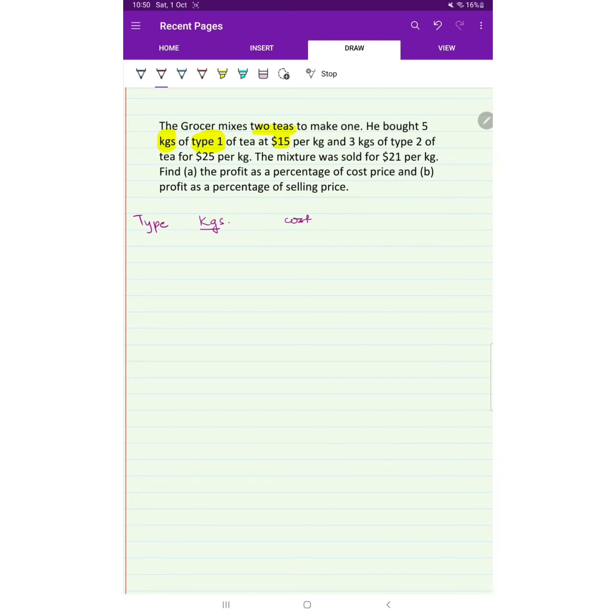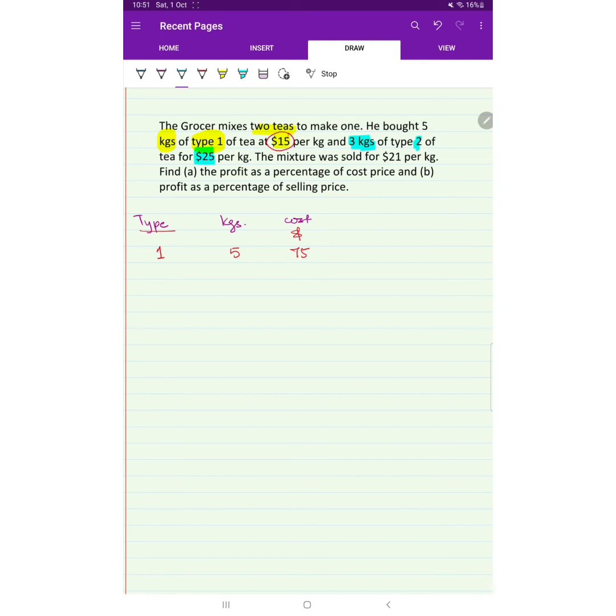Okay, let's talk about type 1. He bought 5 kgs. What was the total cost? 15 per kg. So that means 15 into 5 will give me 75. This is my cost in dollars.